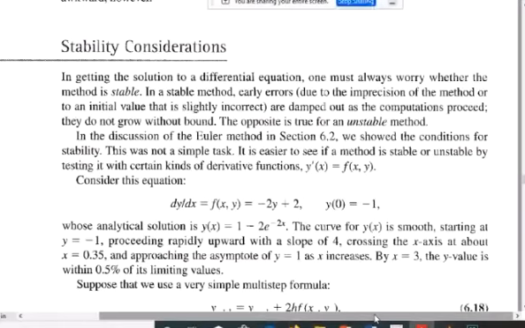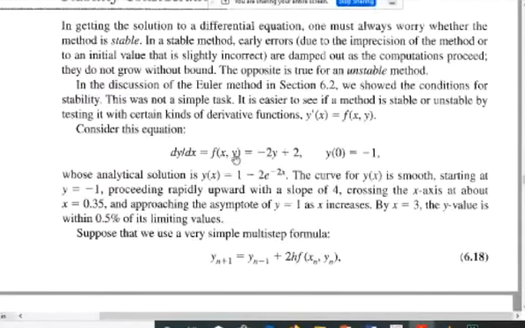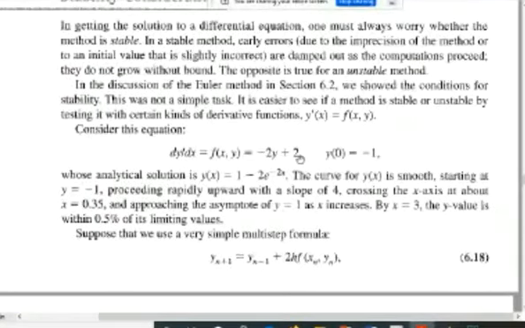We need to show that with this system of equations, we have dy divided by dx, or y prime, as a function of x and y, as you can see here: minus 2y plus 2, with initial condition y at the 0 point equals minus 1.